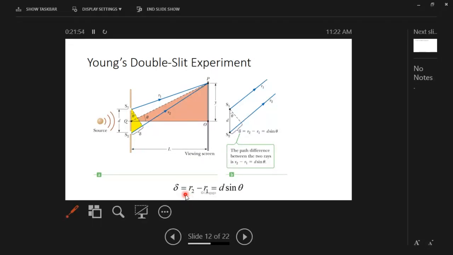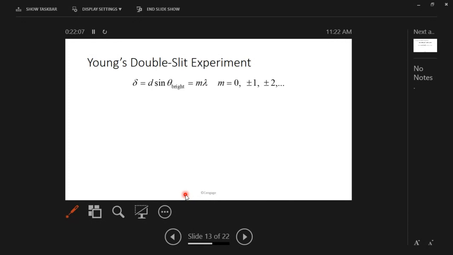But now this path difference could be a multiple of the wavelength, or it could be m plus 1/2 times the wavelength. If the path difference is m lambda for m equal to 0, plus or minus 1, plus or minus 2, and so on, then you are going to have a bright fringe.